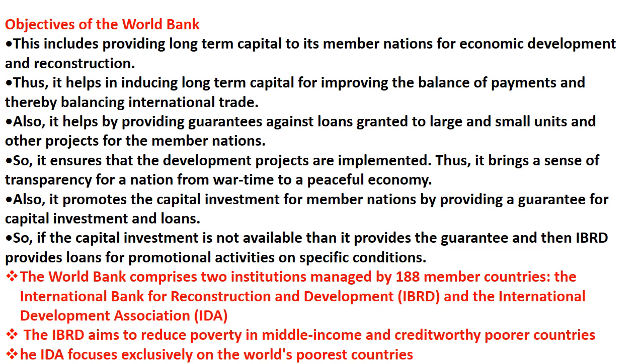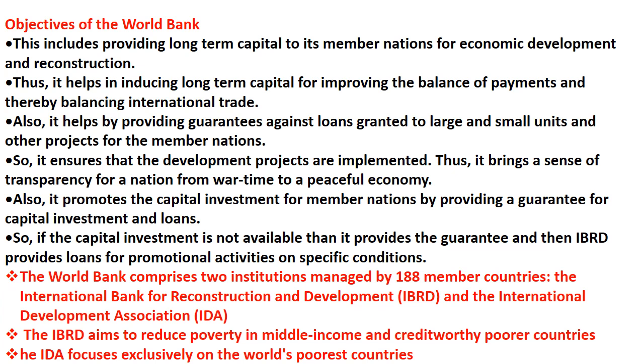World Bank comprises two institutions managed by 188 member countries: the International Bank for Reconstruction and Development and the International Development Association. First is IBRD, that is International Bank for Reconstruction and Development, and IDA, that is International Development Association.